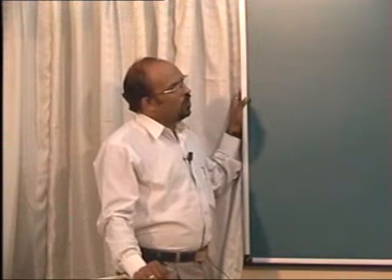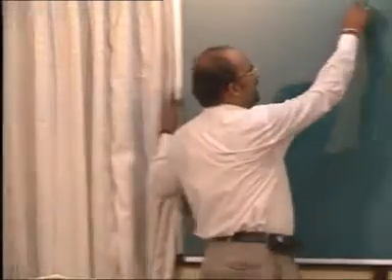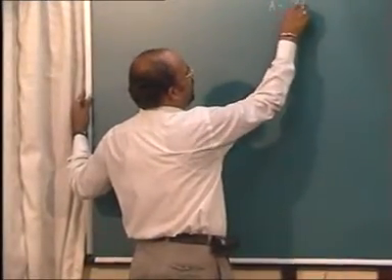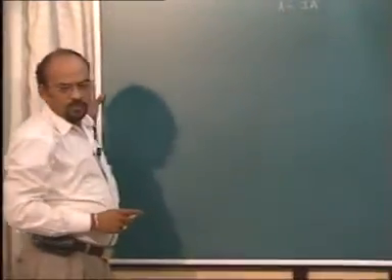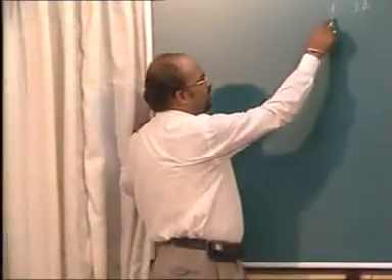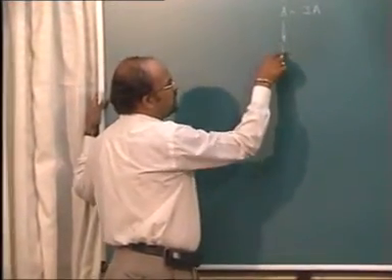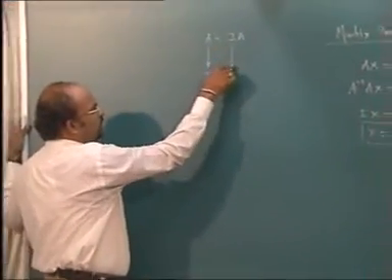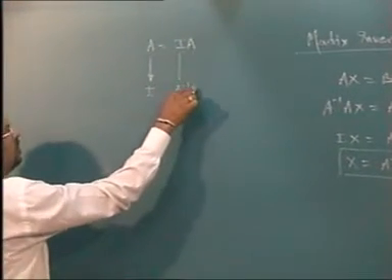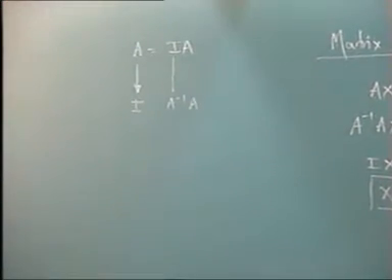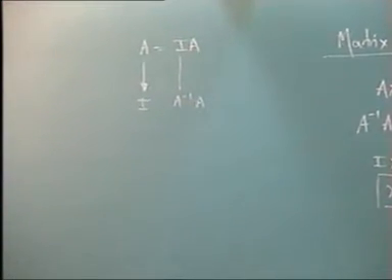So we will go for the technique like A equal to IA. And on this A, you will have to perform row transformations and reduce it to I. This will change the other side to some other matrix, which is A inverse. And we will not be touching the last A.